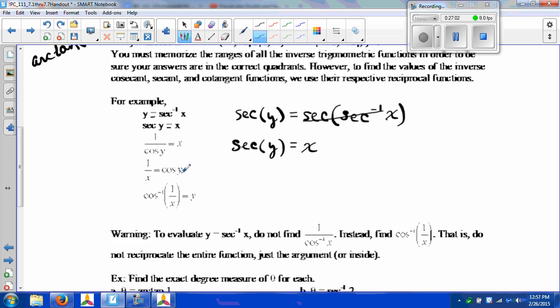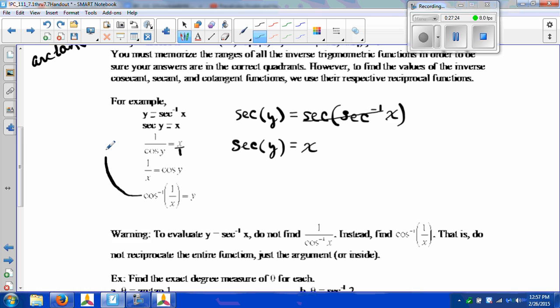So now just solve it again for y, and by cross multiplying here, or flipping both sides, either way you want to think about it. So cross multiplication, and then dividing by x, you get the cosine of y is 1 over x. And then I take the cosine inverse of both sides, and I get y equals the cosine inverse of 1 over x.